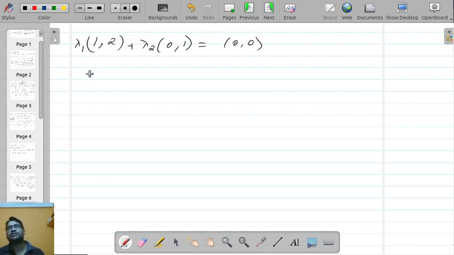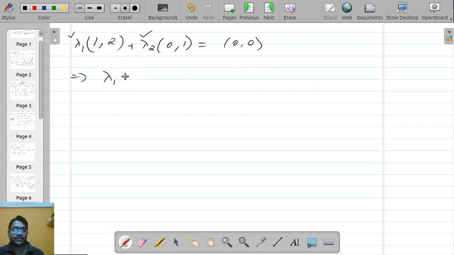I have to check whether I can find some values of lambda 1 and lambda 2 with at least one non-zero such that this equation is satisfied. If we can find that, then these two vectors are linearly dependent. If we cannot find them, that is, if both scalars turn out to be 0, then we can say that these two are linearly independent.